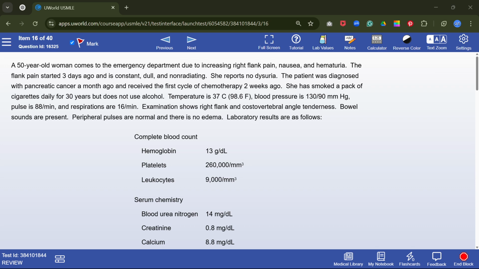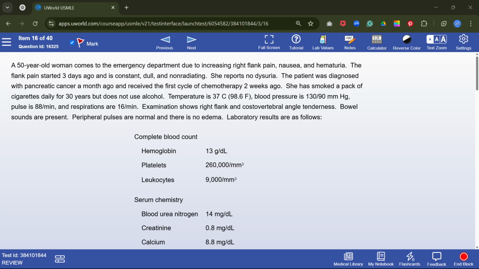She was diagnosed with pancreatic cancer a month ago, so one risk factor is malignancy, and she received the first cycle of chemotherapy. She has smoked a pack of cigarettes daily for 30 years. She does not use alcohol. Temperature, BP, pulse, and respiration are normal. Examination shows right flank and costovertebral angle tenderness. Bowel sounds are present, peripheral pulses are normal, and there is no edema.